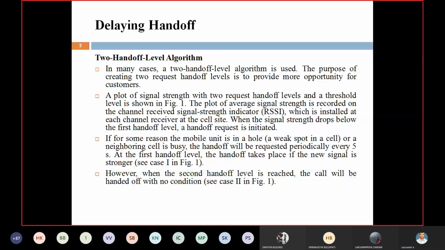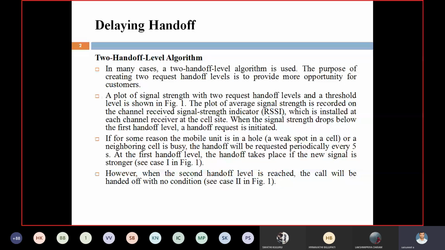This delaying handoff or two-level handoff depends on signal strength. We have to fix the threshold values at two levels in a cell site. We take the total cell site and divide it into two parts: the first part is level 1 and the second part is level 2. We give threshold values for these. What is the threshold value?